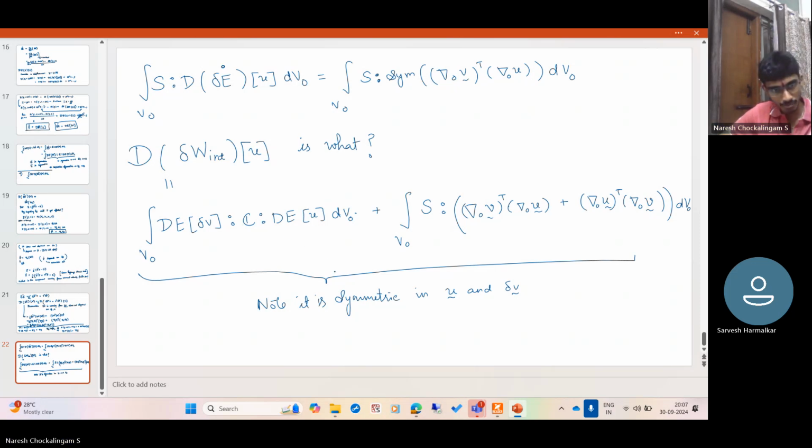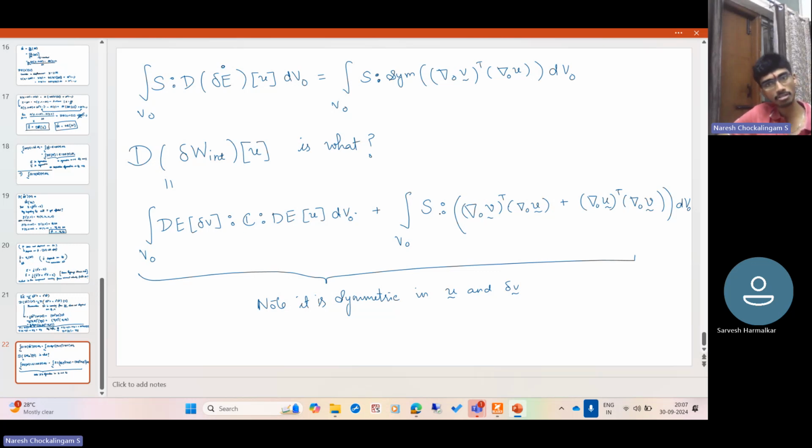But the first term is linear in both increments. The directional derivative of E in the direction u is linear in u, so this entire expression has to be linear in u by definition. But it is also linear in delta v, and delta v does not appear anywhere else. Although C depends on the configuration, it does not depend on u.